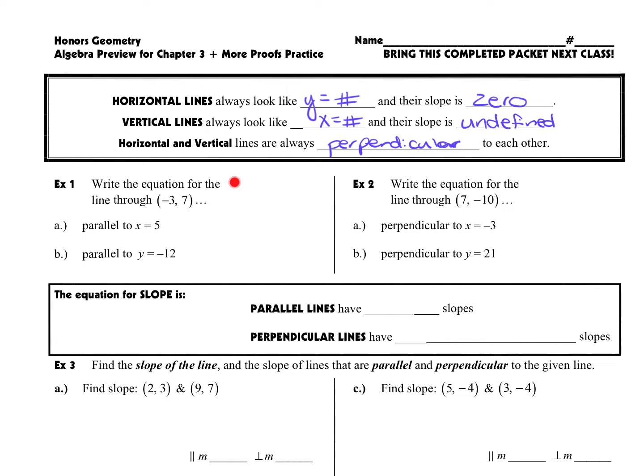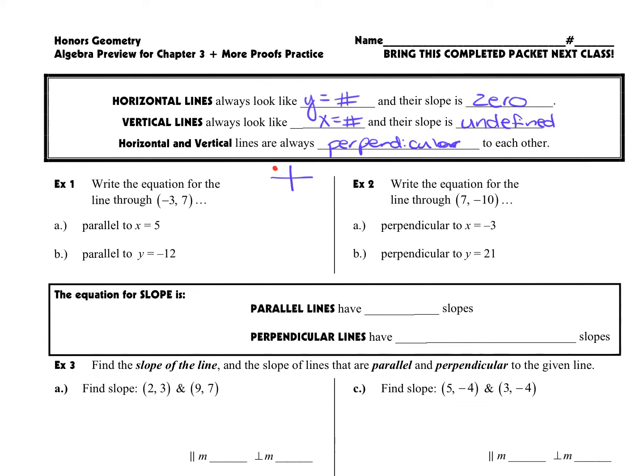So let's take a look at this example 1 and example 2. Let's say we want to write the equation for a line and it's going to pass through a certain point. Now, it's always helpful to draw just a little sketch, just to get an idea of where the point is. So our point is the point -3, 7. So we just want to stick it here in this proper quadrant.